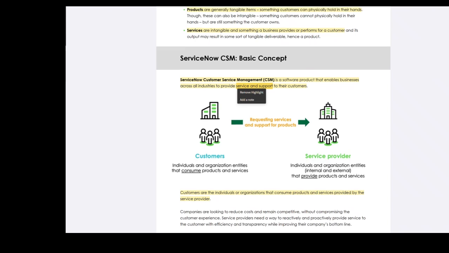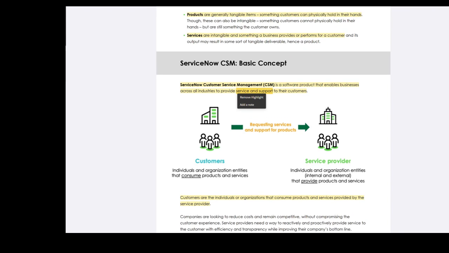So now I want to dive into products and services. What is the difference between the two? The difference is basically that products are generally tangible items, something that customers can physically hold in their hands. Like for example, I have a mobile phone, right? That's a product. I can hold it in my hands.